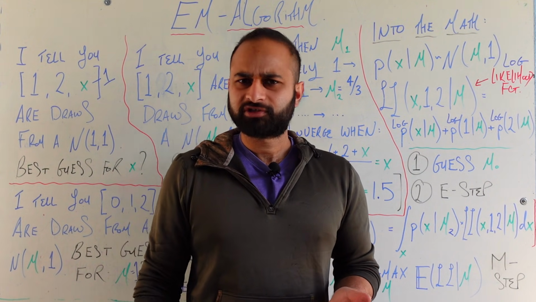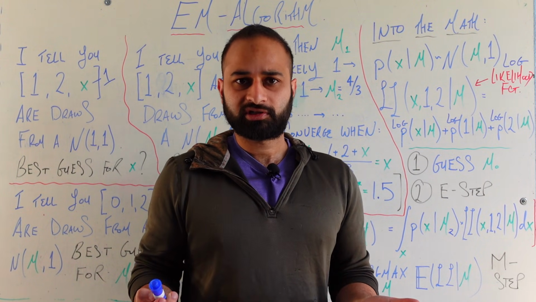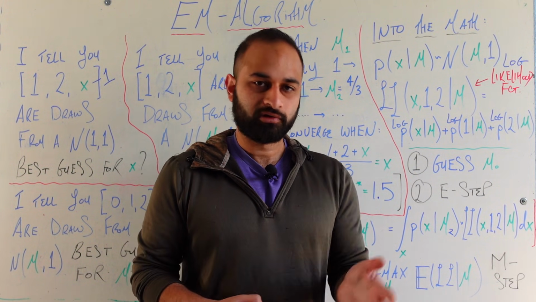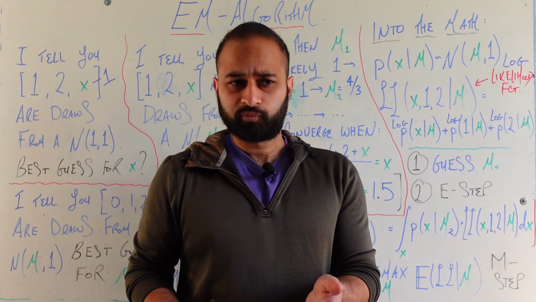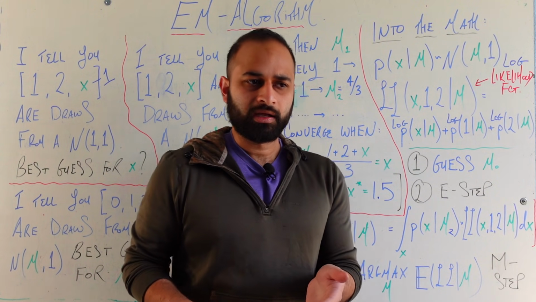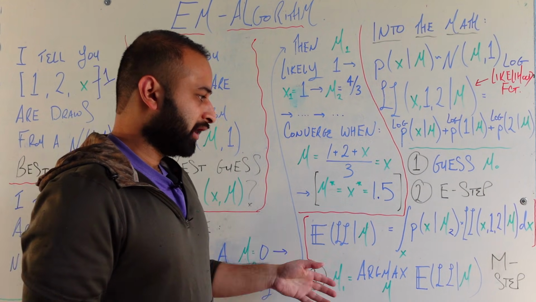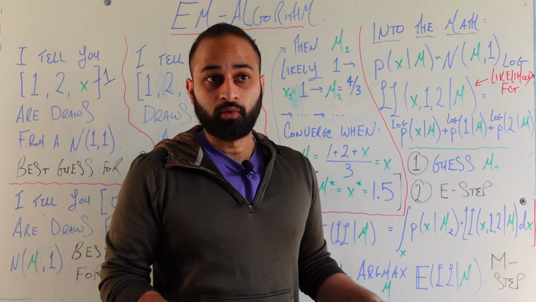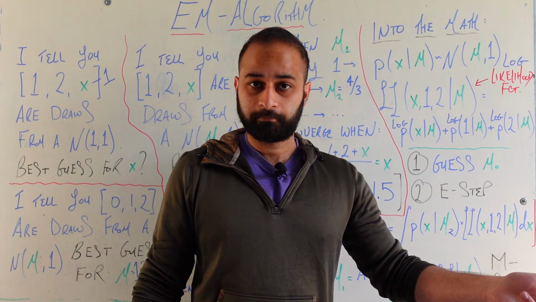And so the proof is actually not too bad. I don't think I will do it on this channel unless there's interest. I could do the proof video, but you'll have to let me know. But I can give you the flavor of the proof. The flavor is that we can show mathematically that after you do an E and an M step, you are in a better place in terms of your likelihood function than you were before.